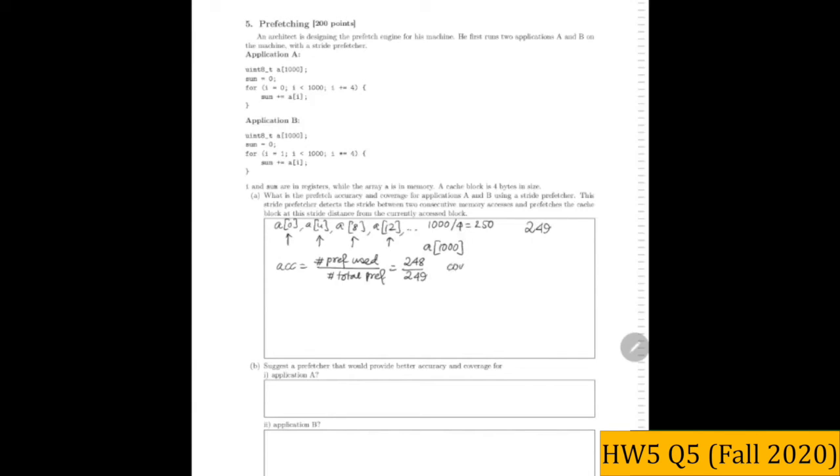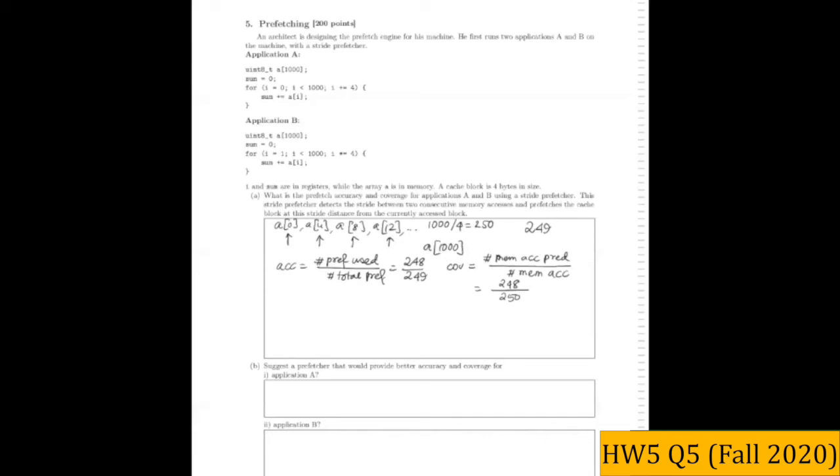Similarly, the coverage of the prefetcher is defined as the number of memory accesses predicted by the prefetcher divided by the total number of memory accesses. The total number of memory accesses would be 250, out of which 248 would be successfully predicted. Hence, the coverage of the stride prefetcher in application A would be 248 upon 250.